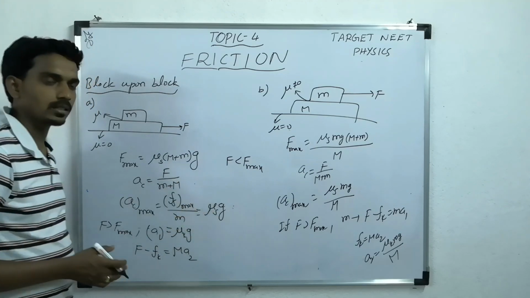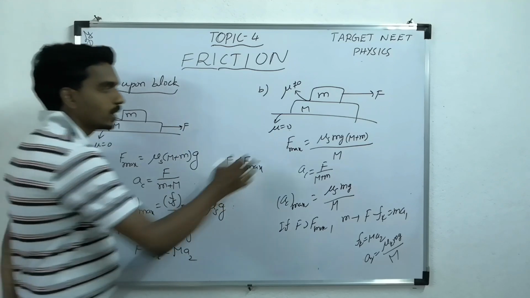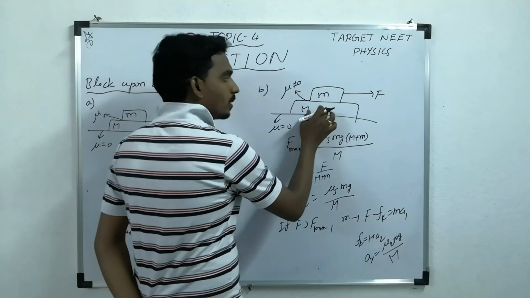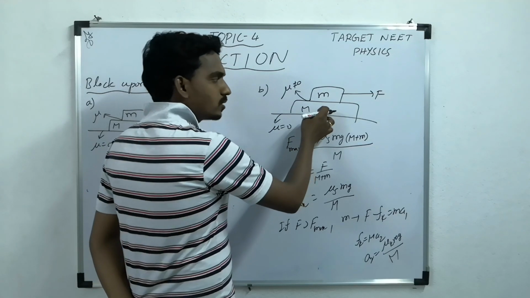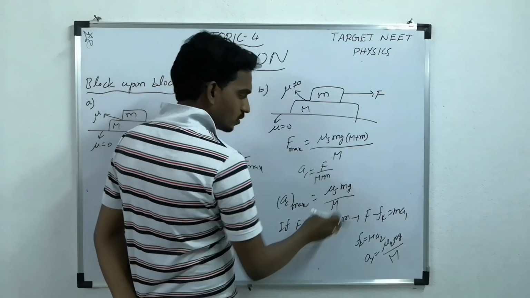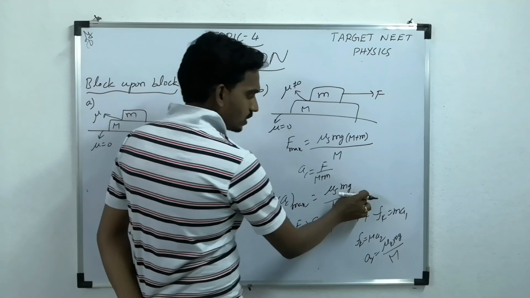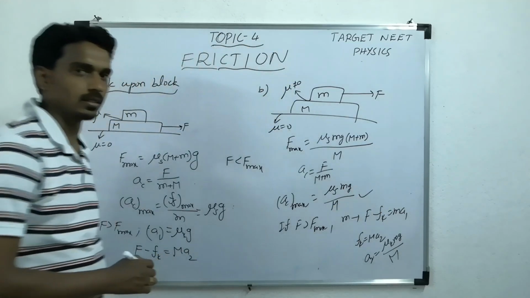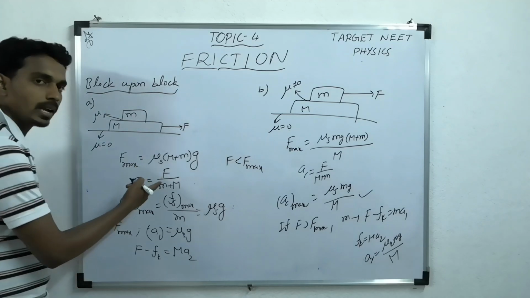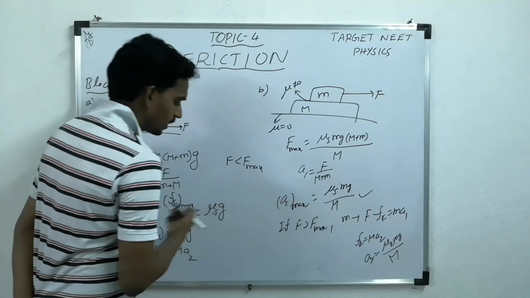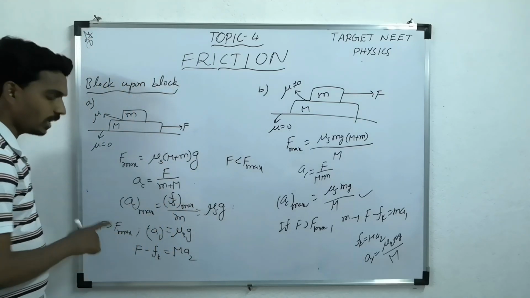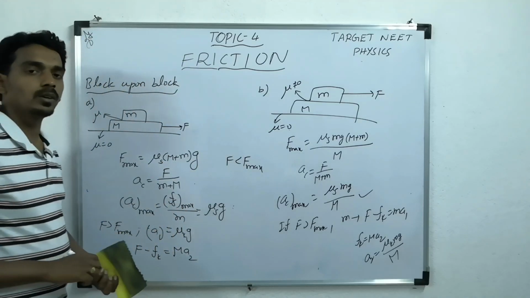So the maximum common acceleration is mu s g, since it moves just because of frictional force, so frictional force by mass. So this is the maximum common acceleration, which is different from the common acceleration when F is less than F max.